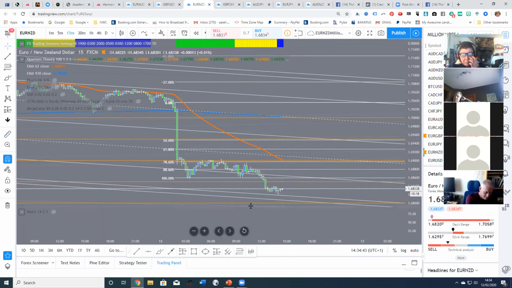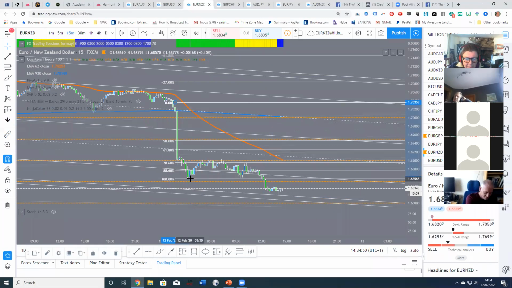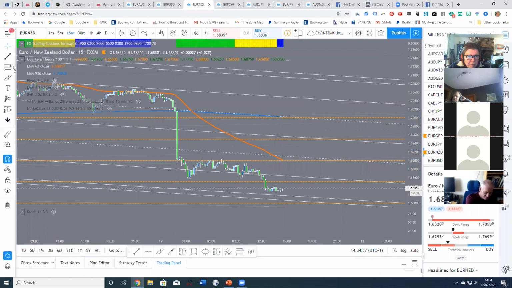But we don't want to just hop into a trade. I think I've put the fib the right way around, but I don't think it actually matters. Sometimes I get a bit confused with fibs, but they're great when they work. So price went down and I wanted to retrace.